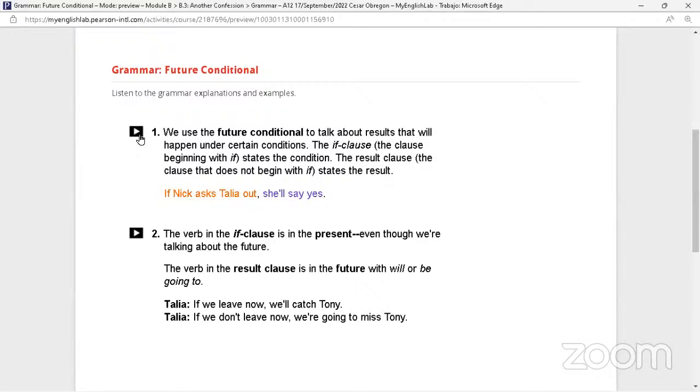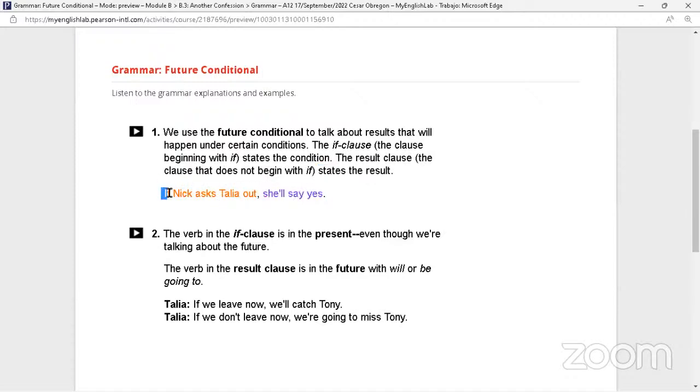So we have the if clause. It's like saying, si Nick le pregunta a Talia a salir, okay? The if clause states the condition. The result clause does not begin with if. It states the result.